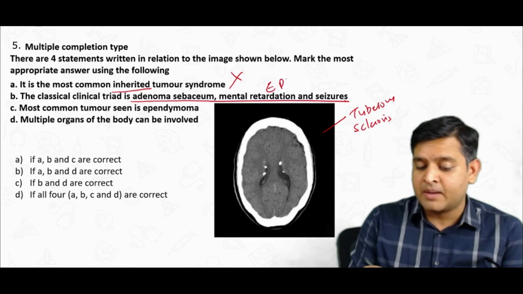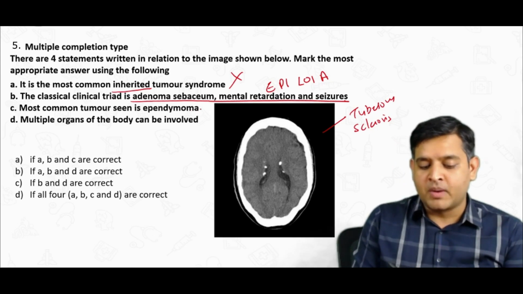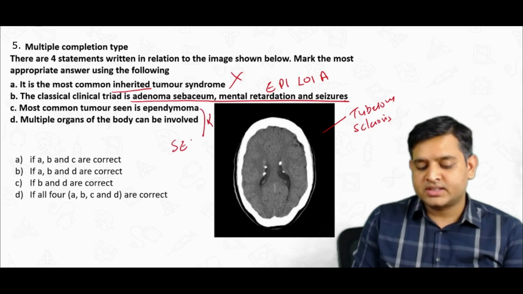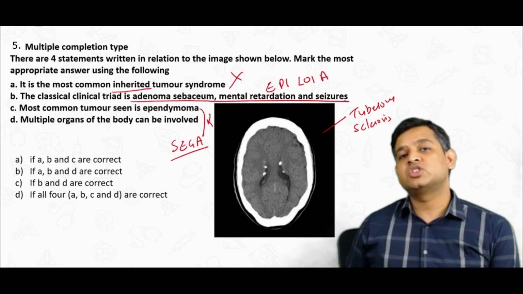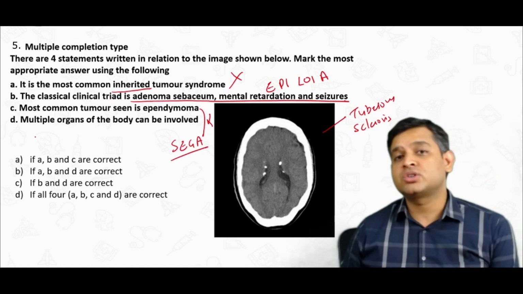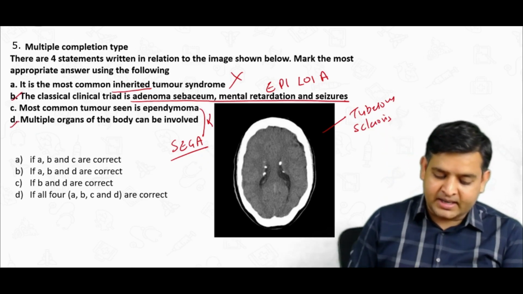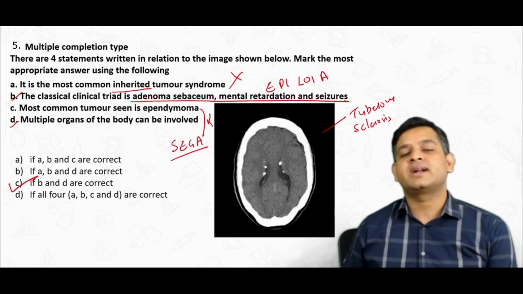Yes, epiloia: epilepsy, low intelligence, and adenoma sebaceum. Most common tumor seen is ependymoma. That is wrong. This is SEGA, subependymal giant cell astrocytoma, the most common tumor. Multiple organs of the body can be involved. Yes, that's correct. So B and D are correct, and that is the answer.